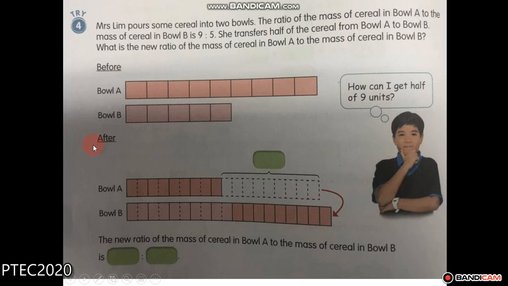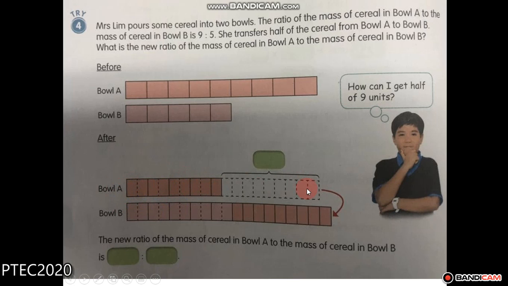Okay, so this is before you transfer to bowl B. Again, you can see that each unit of bowl A and bowl B was cut into two equal parts.